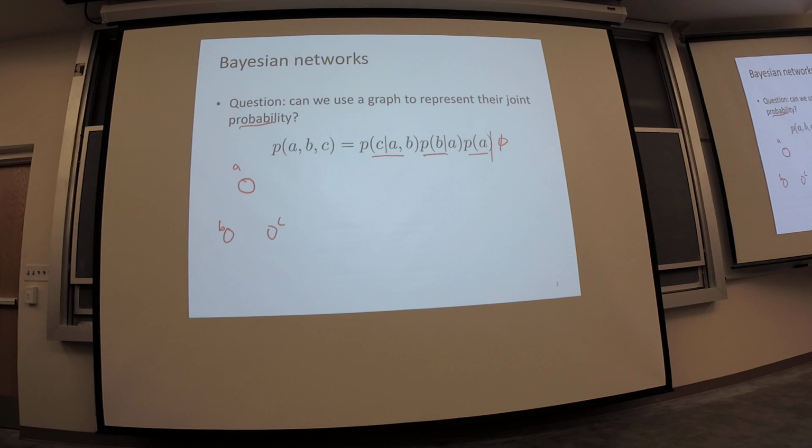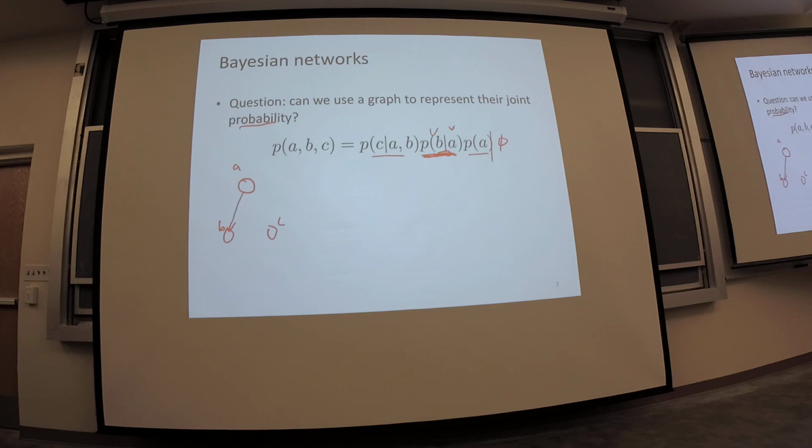For any conditional probability, we know that the variable and the variables it is conditioned on are dependent, because if I want to give this a probability, I must know the value of the variables which are conditioned on, and also the value of the variable we describe. So obviously, in this conditional probability P of B given A, we know A and B have some dependency. We can consider A as the parent of B, because given A, we get B. So we can issue a link from A to B.